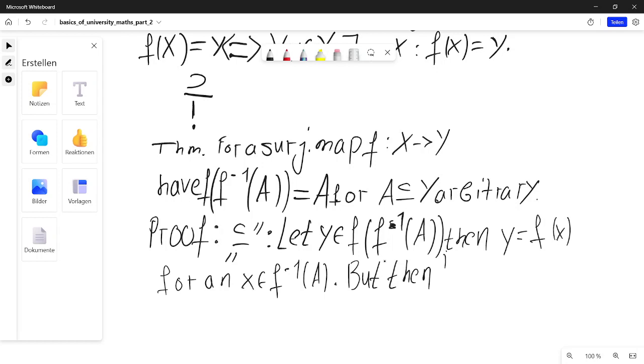But f of x was y, just the definition. x was an element of this. That means f of x is an element of A. But that was y and so on.